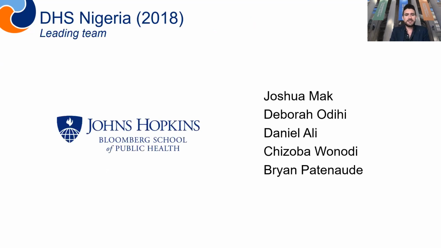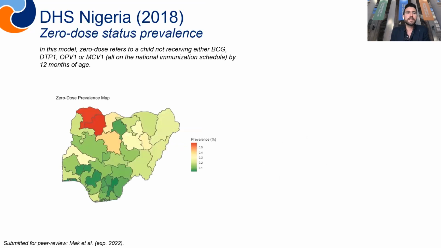So for the DHS Nigeria project, you can see some of our collaborators here, including Dr. Daniel Ali and Chizoba Wanodi, who are both based at the International Vaccine Access Center as well, and have provided a lot of feedback from their experience in the Nigeria context.